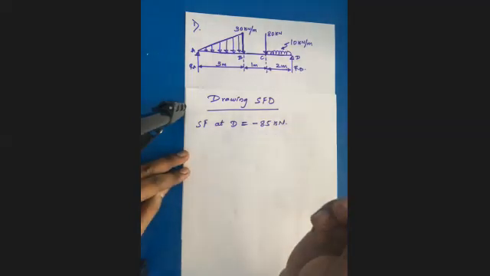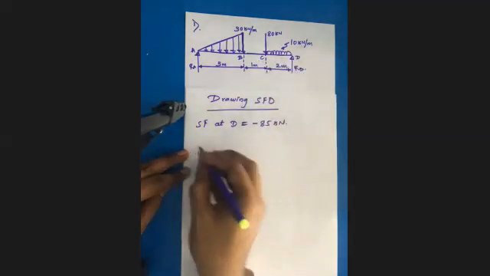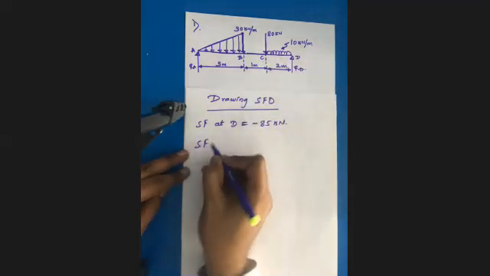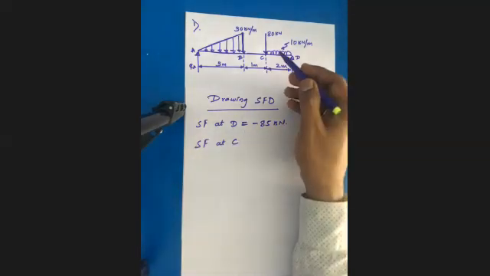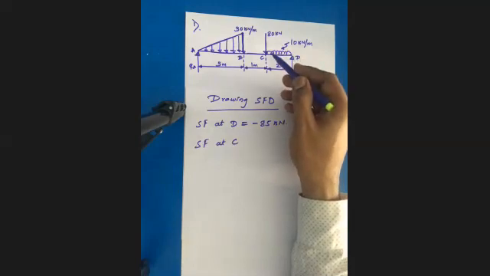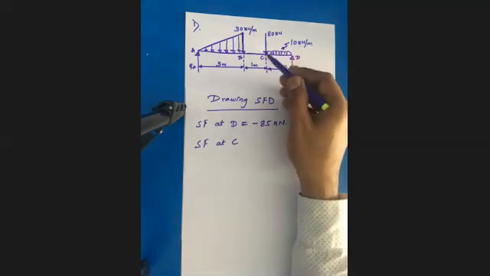Okay, then next I'll come to point C. At point C, I'll find out the SF twice, because here we have a combination of UDL, and at the end of UDL we have a point load. So first we need to find out SF at point C due to UDL only, and then again we need to find out SF at point C by considering this point load.